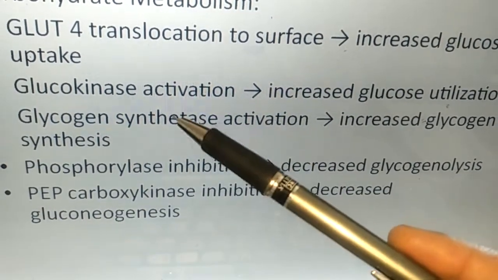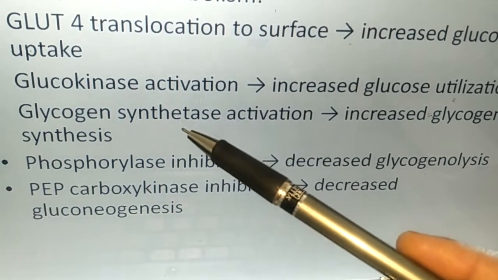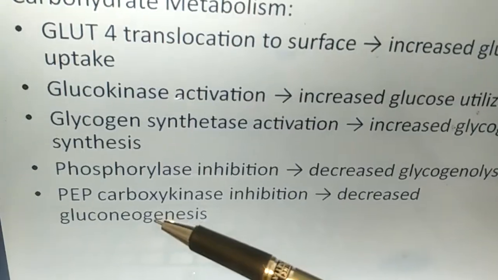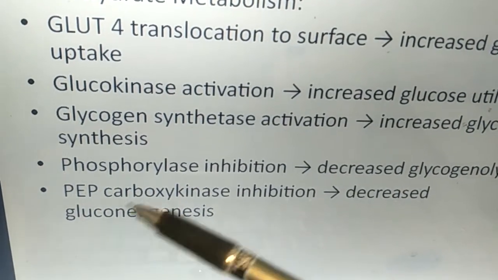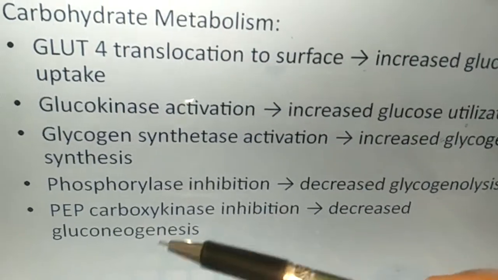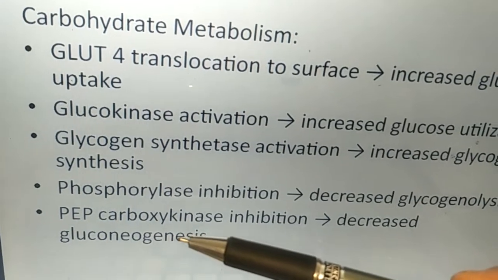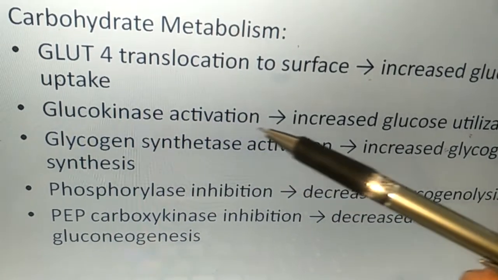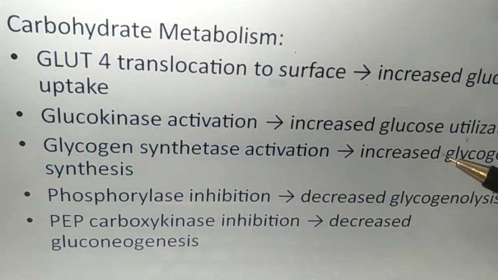Check the two effects. Glycogen is being synthesized. So when glycogen is synthesized, glucose is being used, but new glucose from non-carbohydrate sources is not being synthesized. So all these four or five actions lead to use of glucose from the blood, and that glucose is used for giving energy or is deposited.